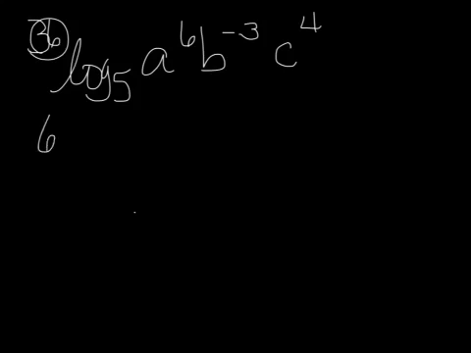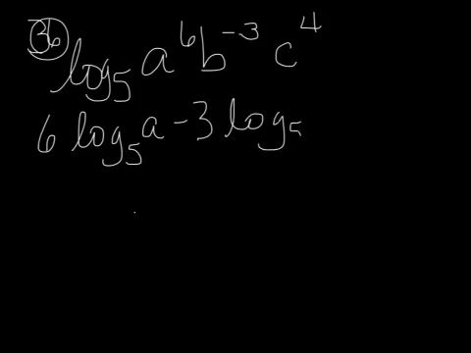So we're going to have 6 log base 5 of a minus 3 log base 5 of b plus 4 log base 5 of c. I hope we're getting there.